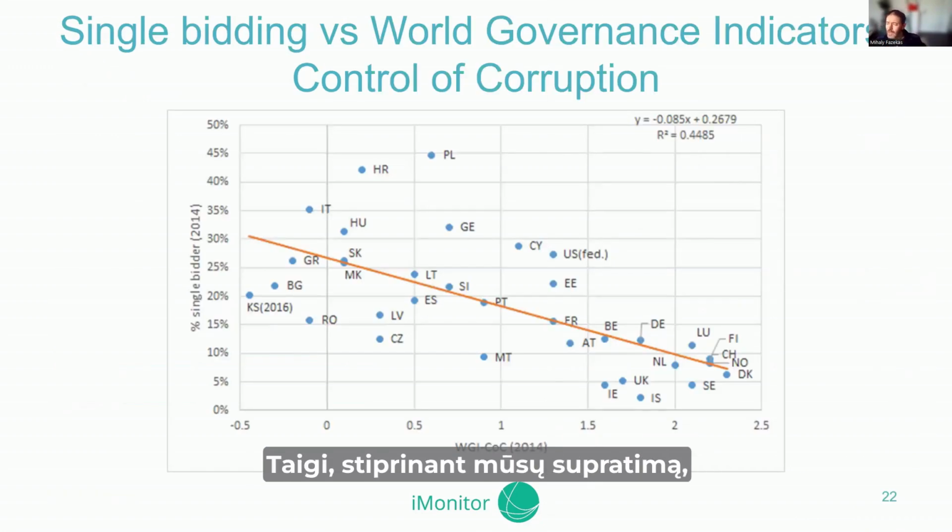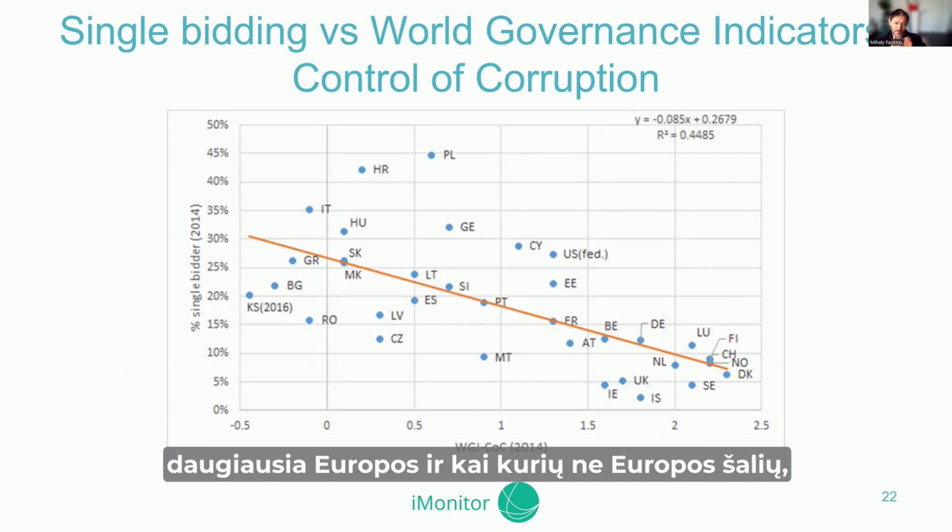This strengthens our understanding that single bidding is linked to, correlated with, approximating corruption. We can also look at the country level averages, and this is mainly European and some non-European countries.